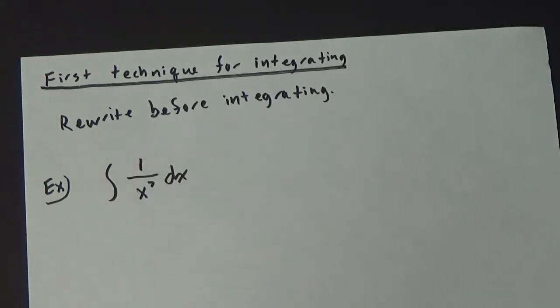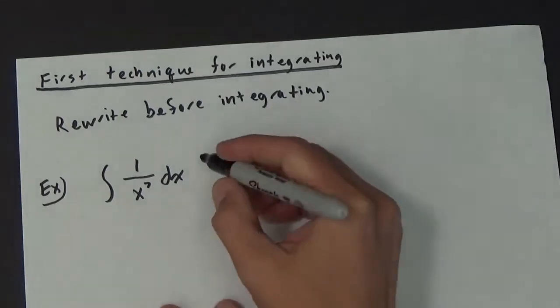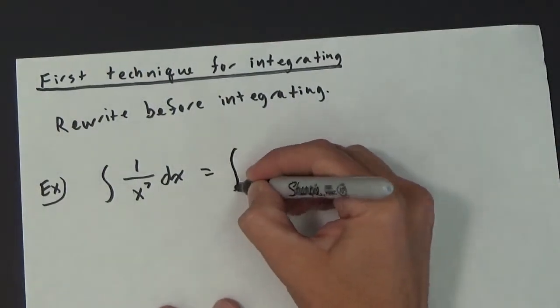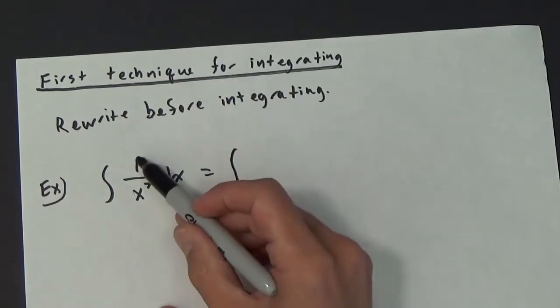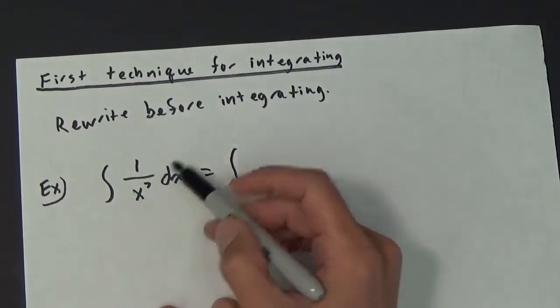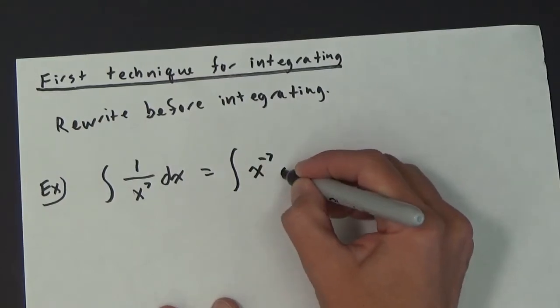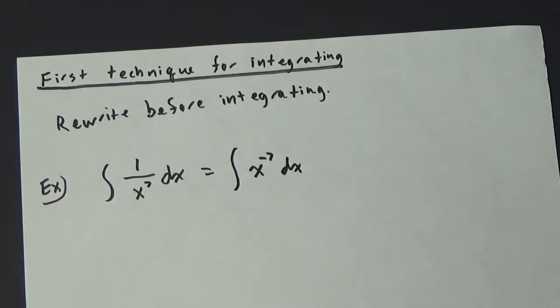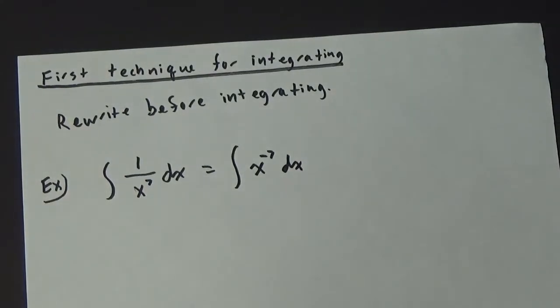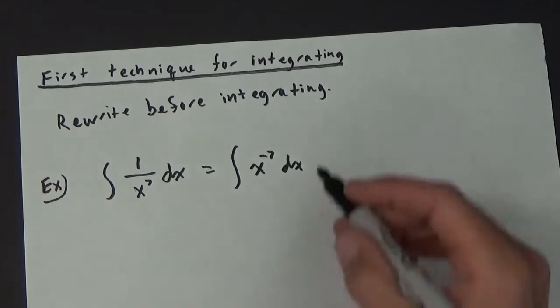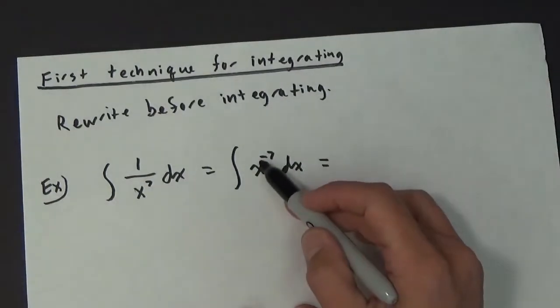So what we do is rewrite before we integrate. We take the integral, and notice that 1 over x to the 7th is the same as x to the negative 7th. Now all of a sudden I look at that and think, oh wait, now that's just a basic power rule. The power rule says we add 1.